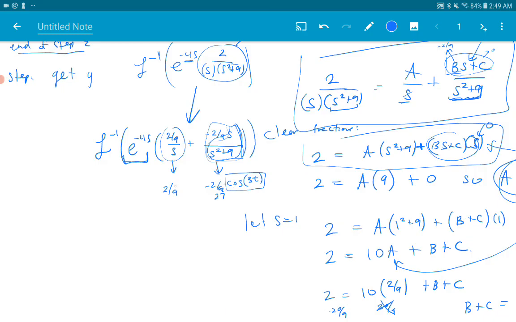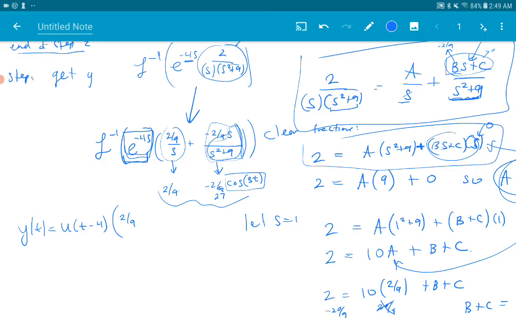The only thing I have to do is take this, multiply by, so y of t would be, it's that, but because of the e to the negative 4s, this is what we covered today, I have to put a u of t minus 4 there, and then times, now I have to shift all the t's to t minus 4.